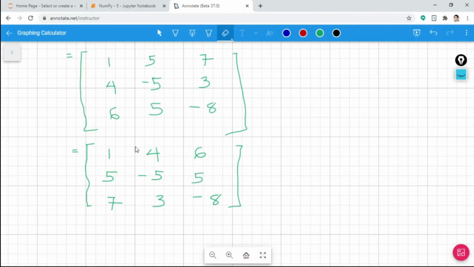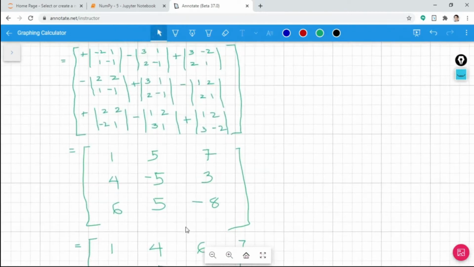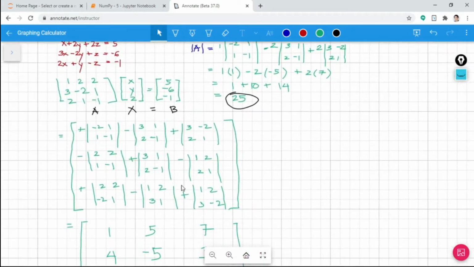So again, for the formula, let us continue. We multiply this by the determinant and the b. Let me write this one down. I think this one is the inverse of the matrix.